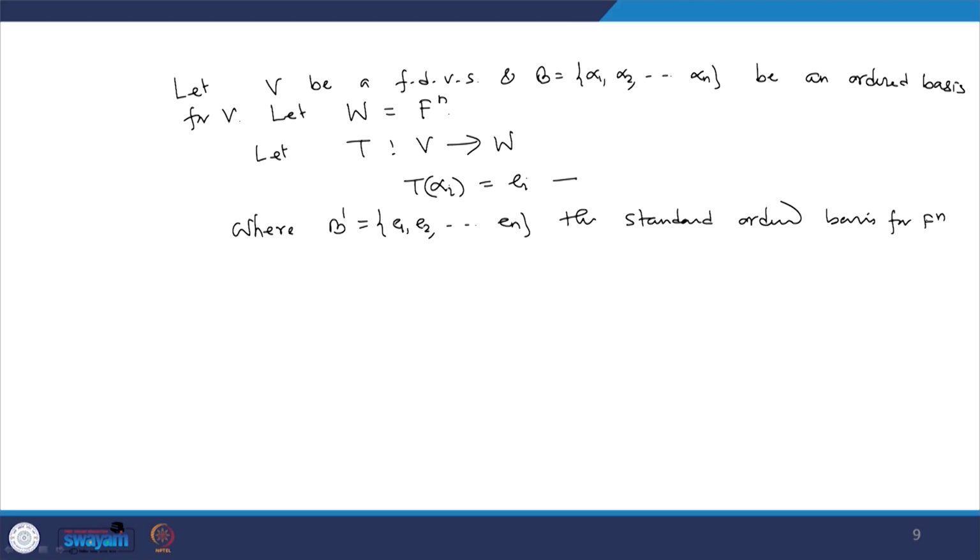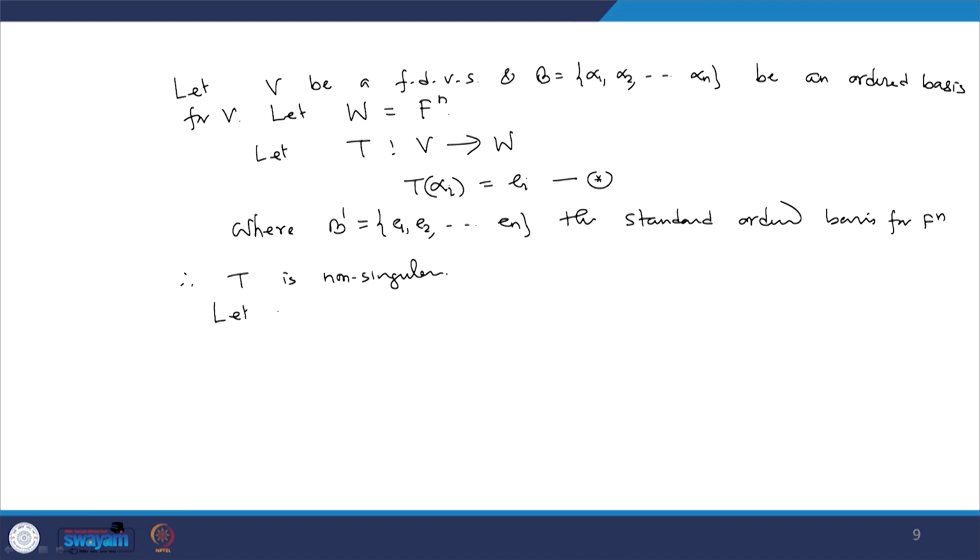I have chosen the standard ordered basis in W, so my W is equal to F^n. Now I am defining a linear transformation T from V to W, T of alpha i equal to Ei. So certainly T is non-singular.